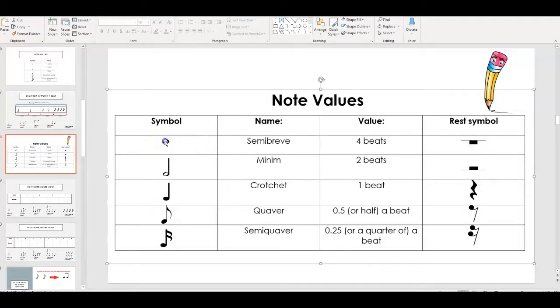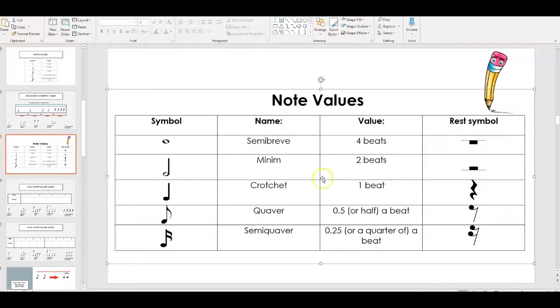This note on the left, a semibreve, tells you to play for 4 beats. 1, 2, 3, 4. But this note on the right is called a semibreve rest, and it means to not play for 4 beats, if that makes sense. So if I counted you in to play just a rest, you would actually not play for 4 beats. 1, 2, 3, 4, rest, 2, 3, 4, and that's how you would play a semibreve rest.